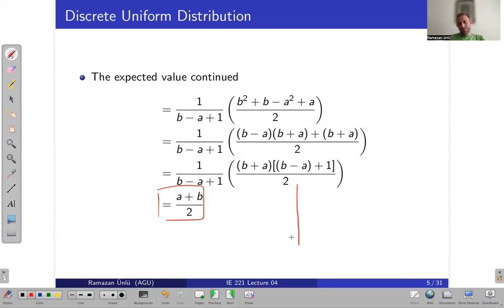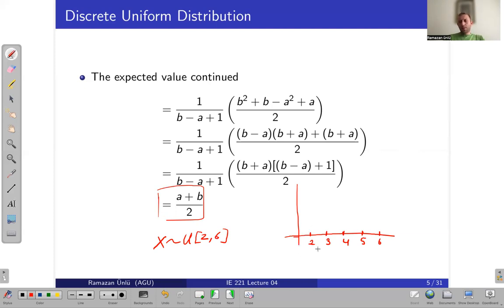Let's say I have a random variable X, which is uniformly distributed between, let's say, 2 and 6. So that means it can take 2, 3, 4, 5, and 6.